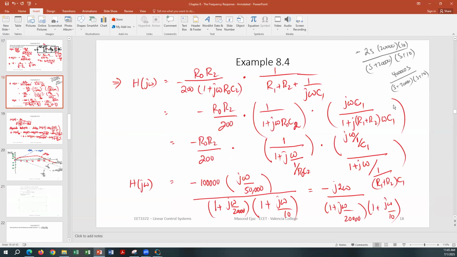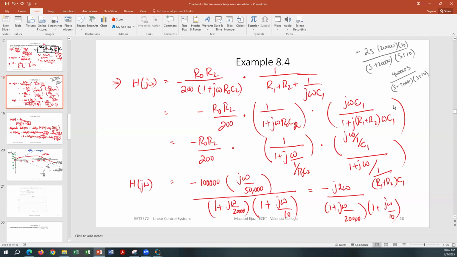But if you don't want to use bode, you can still plot this equation, change the range of omega and take the log. Let me show you that as well.